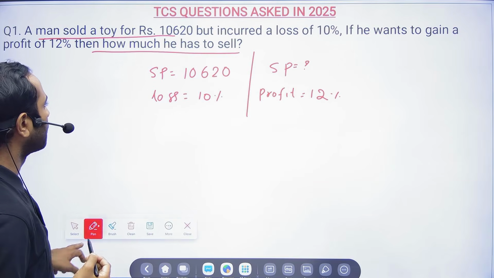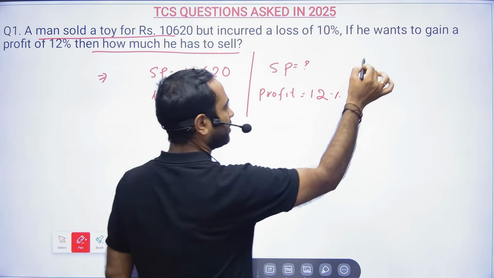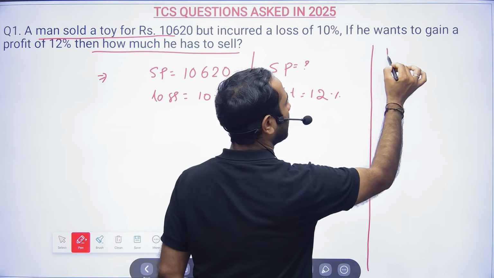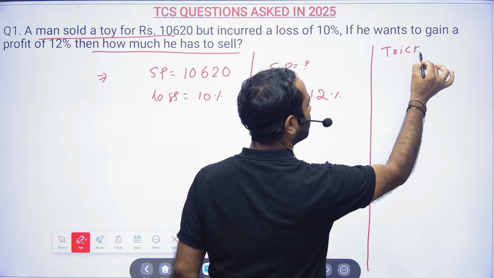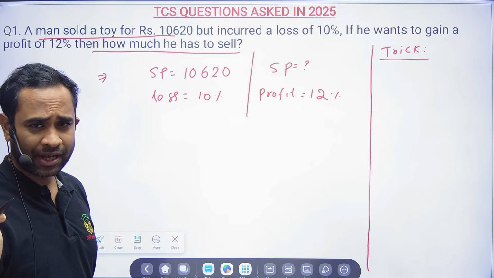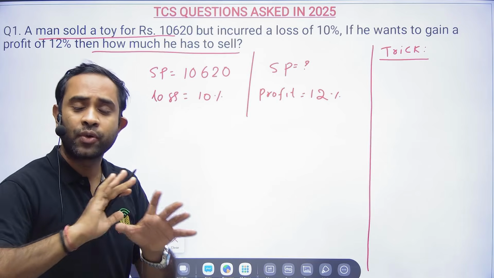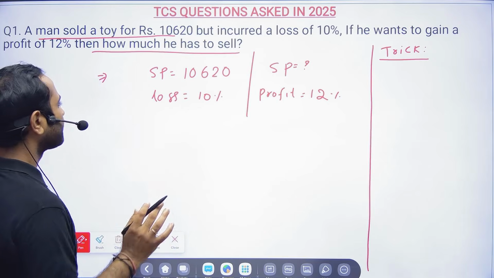Now friends, it's very simple. There are two ways to do it. I will tell you the trick, how you could have done it in one line, and in TCS an online calculator will be there, so you do not waste your time on calculations.